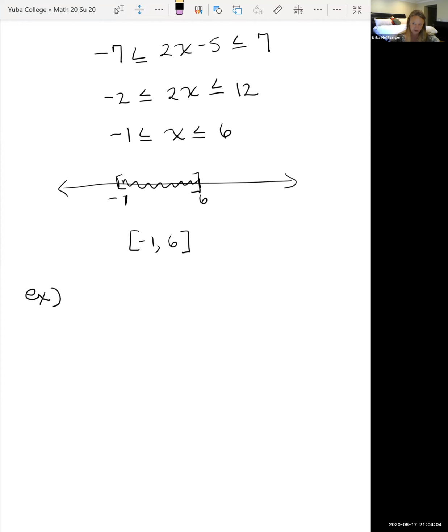Okay, so again, this book is a little different, but this is a great problem, and it's something you'll see in calculus if you're going to be there next semester.